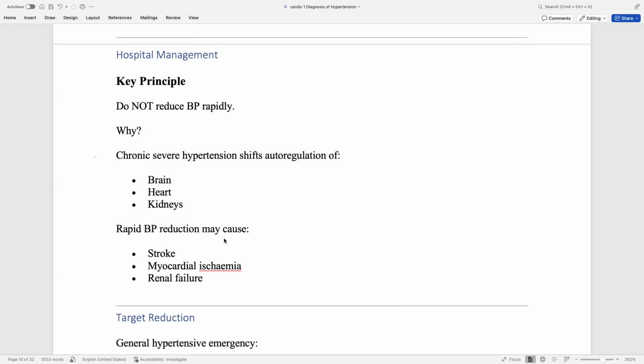So if you reduce it suddenly, there will be hypoperfusion. That is why, in a patient with a very high blood pressure, we cannot reduce it suddenly. The patient will develop brain hypoperfusion if you give him IV labetalol or a high dose. Even if he is not confused or in a coma, he will go into a coma because of the blood pressure reduction.